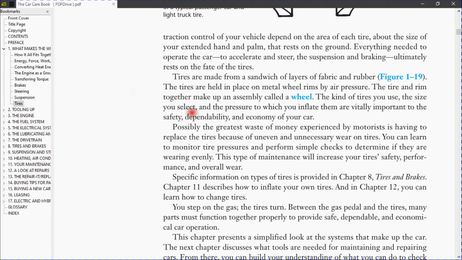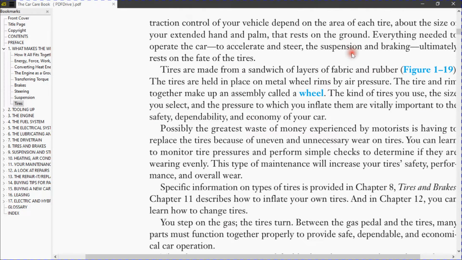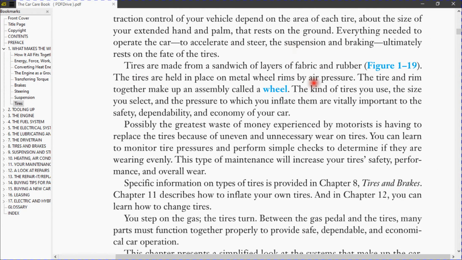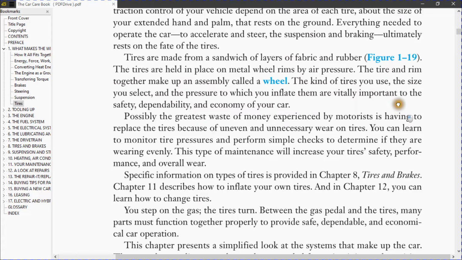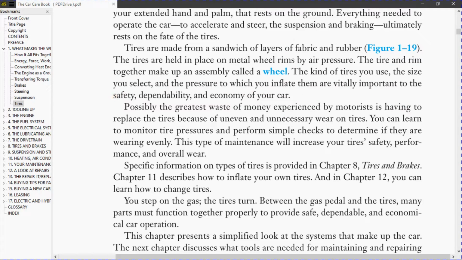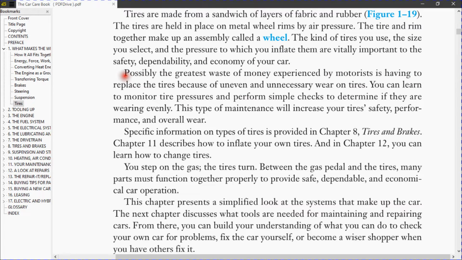Tires are held in place on metal wheel rims by air pressure. The tire and rim together make up an assembly called a wheel. The kind of tires you use, the size you select, and the pressures to which you inflate them are vitally important to the safety, dependability, and economy of your car.